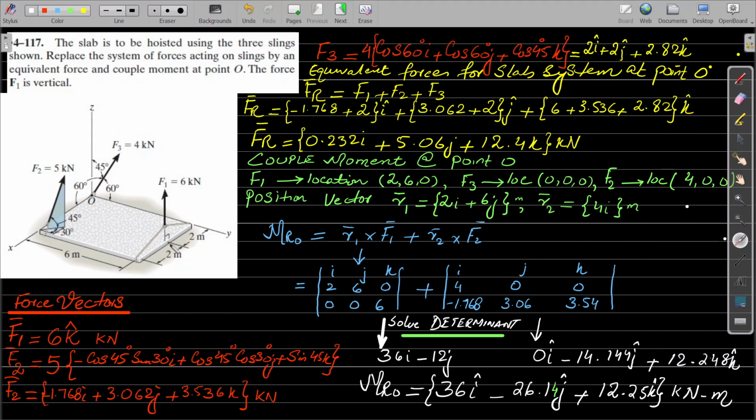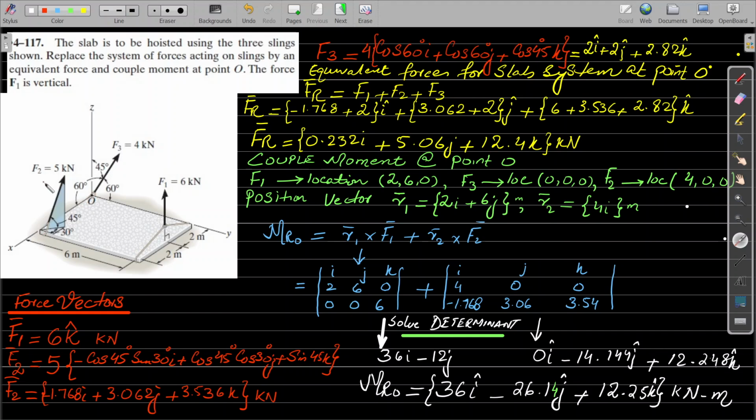First of all, very important, the coordinates of this point: we have to move from the origin some distance along X, which parallel to X is 2 meters. To come to this point, we have to move parallel to the y-axis, and this distance is 6 meters. So remember, this point for F1 is 2, 6, 0, and for the force F3 it will be 0, 0, 0, because it is lying at the point of origin O.